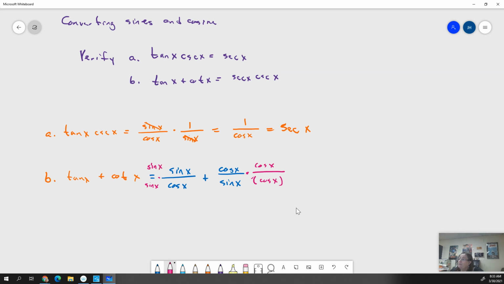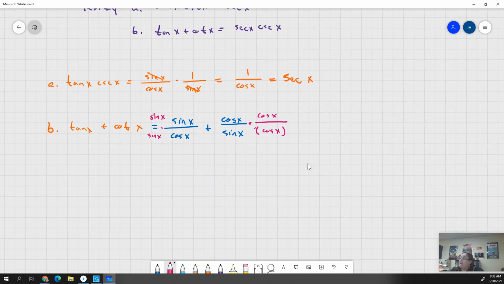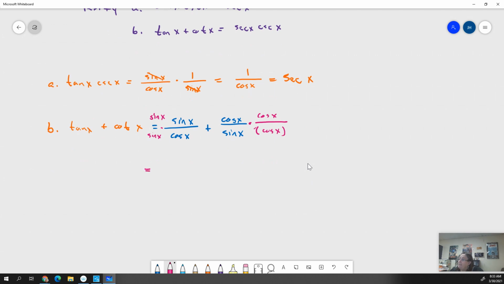When you look at that, this is going to give me sine squared of x over sine of x cosine of x plus cosine squared of x over sine of x cosine x, right?